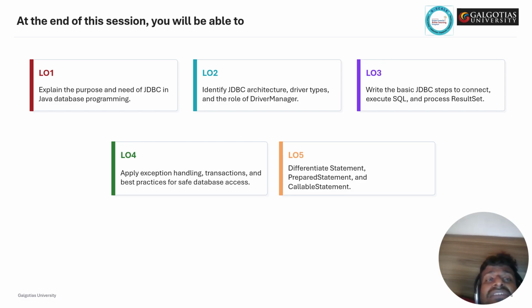At the end of the session you will be able to achieve these learning outcomes. Learning outcome one, explain the purpose and need of JDBC in Java database programming. Learning outcome two, identify JDBC architecture, driver types, and the role of the driver manager. Learning outcome three, write the basic JDBC steps to connect, execute SQL and process the result set.